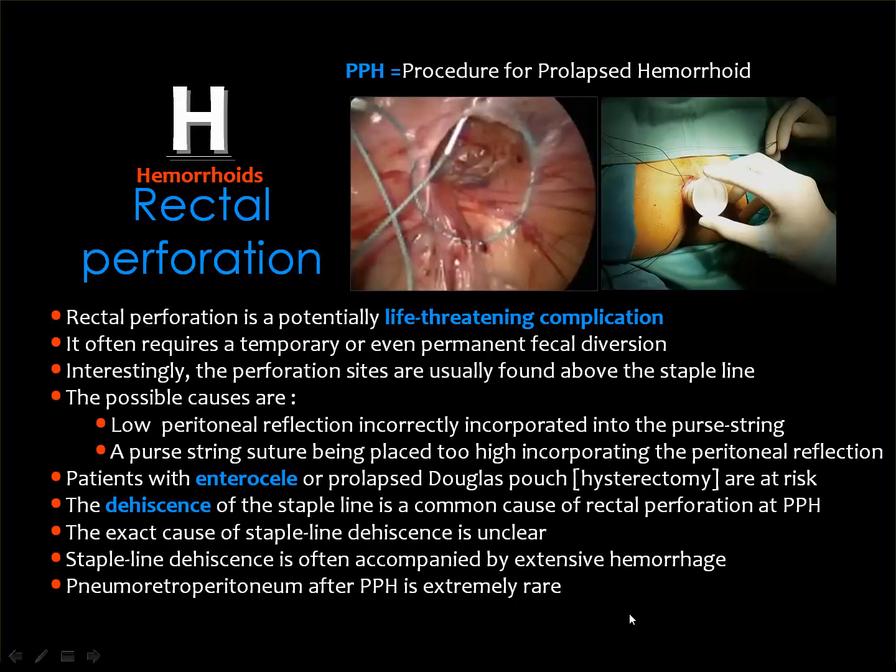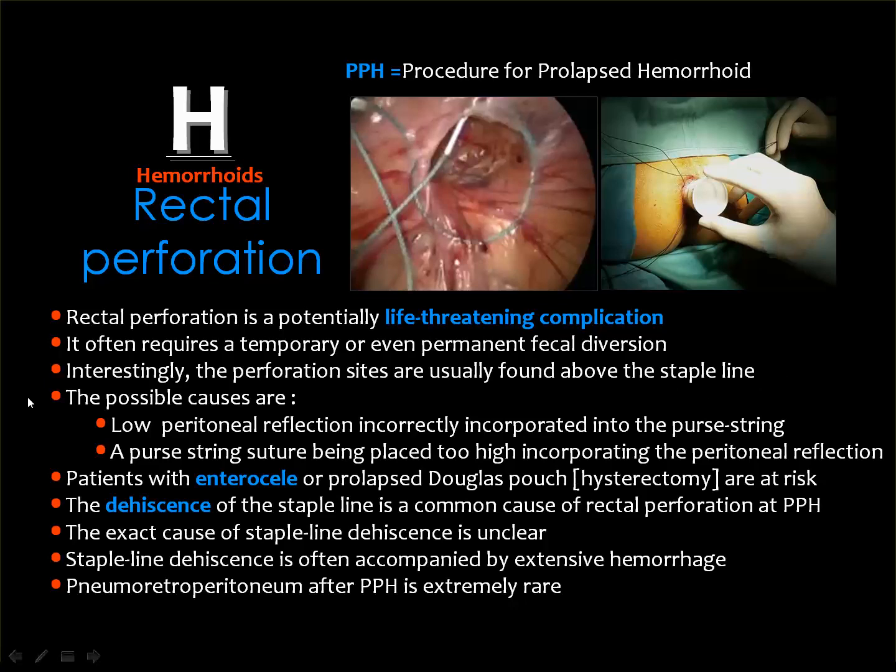Then one of the serious complications, or even a life-threatening complication, is rectal perforation. And rectal perforation may require temporary or even permanent colostomy. And the perforation is usually above the staple line of the hemorrhoid surgery.